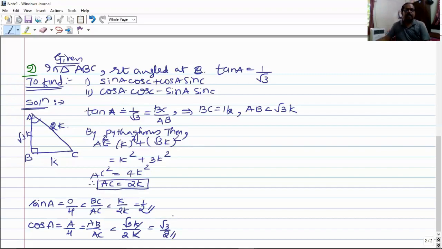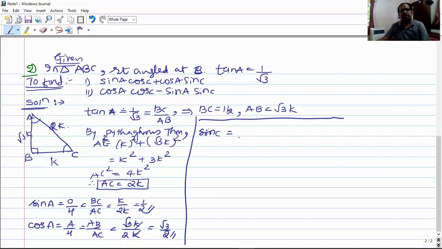So we have sin A and cos A. Now the remaining terms we need are sin C and cos C. So let's find them. Now students, what is sin C? Here the angle is changed. Now your angle is angle C. So again the definition remains the same.